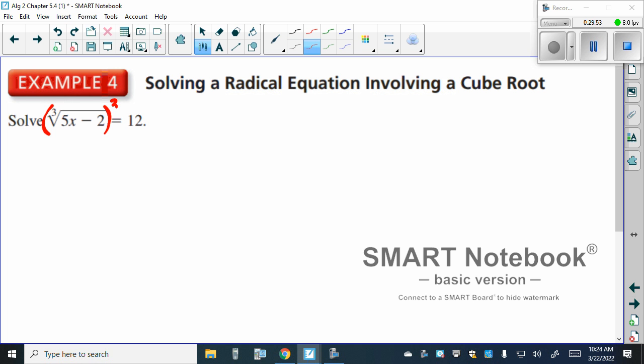So here we can cube both sides. Because again, just like with square roots, the cubed root and the cube would cancel out, telling us that we have 5x minus 2 is equal to, it's going to be big, 1,728.